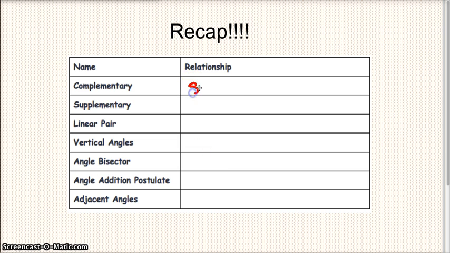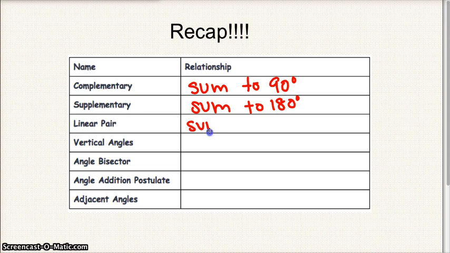Complementary angles sum to 90 degrees. Supplementary angles sum or add up to 180 degrees. Linear pairs are supplementary, which means they add up to 180 degrees. Vertical angles are congruent. An angle bisector takes an angle and cuts it into two congruent pieces.